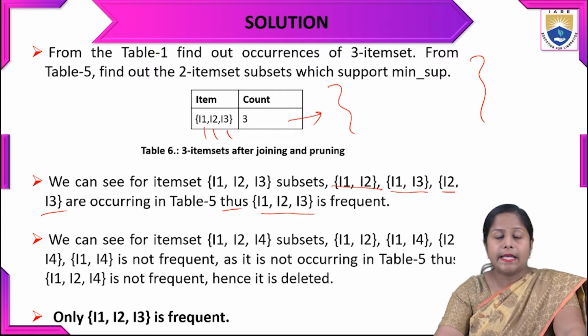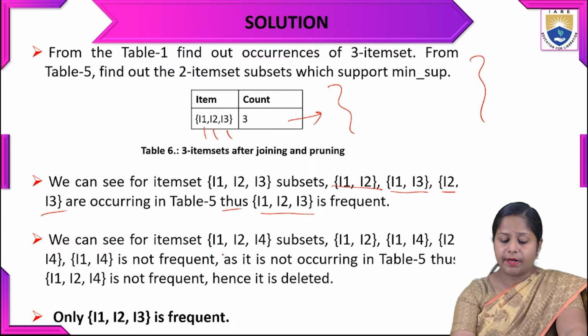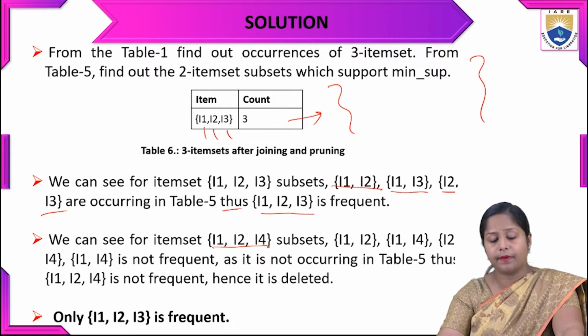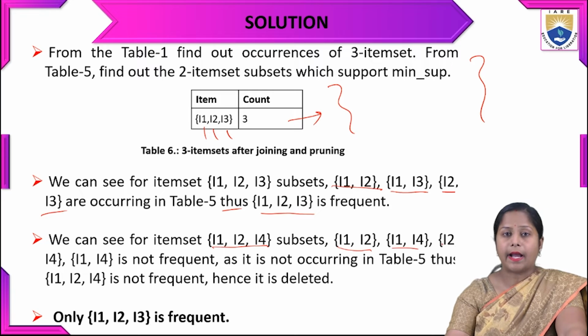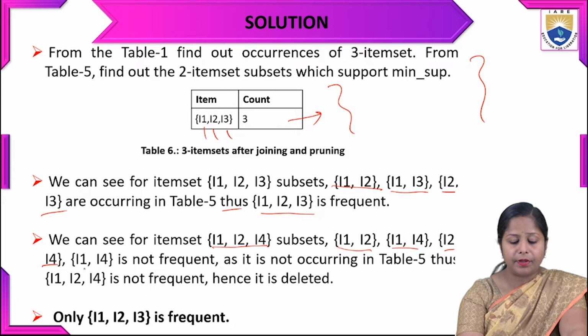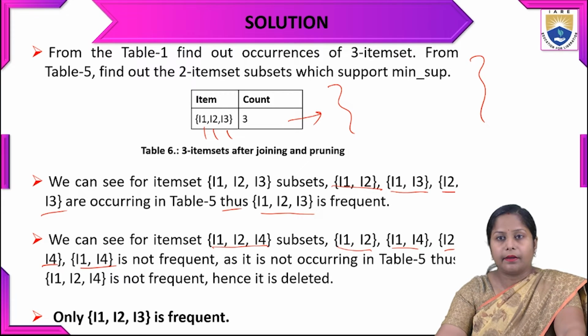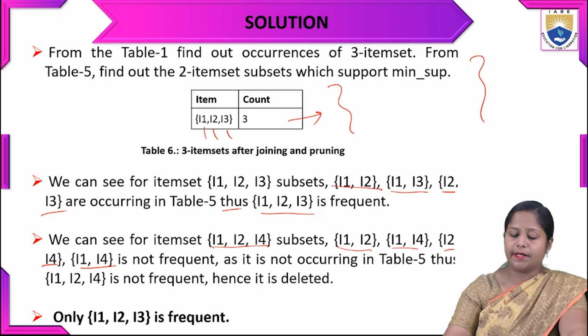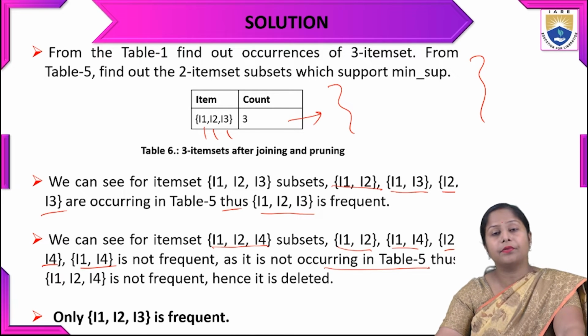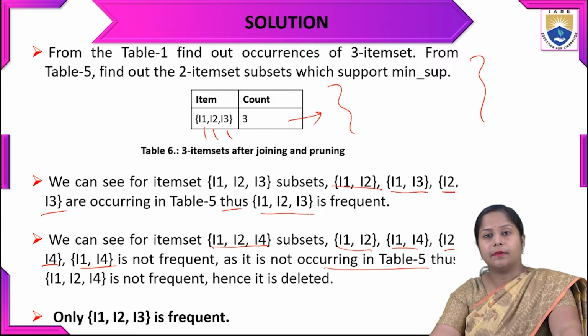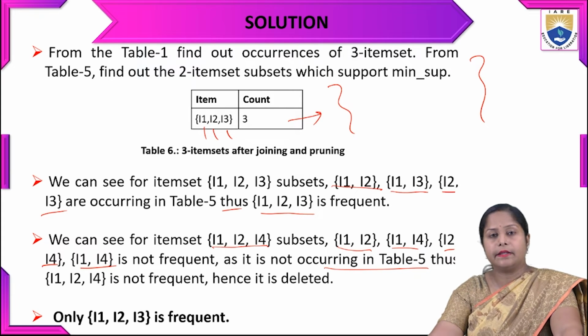Now for the item set I1, I2, I4, the subsets were I1, I2, I1, I4, I2, I4. That was not frequent; it did not occur again and again. As it is not occurring in table 5, it will not be a frequent item set, so it will be deleted, right?